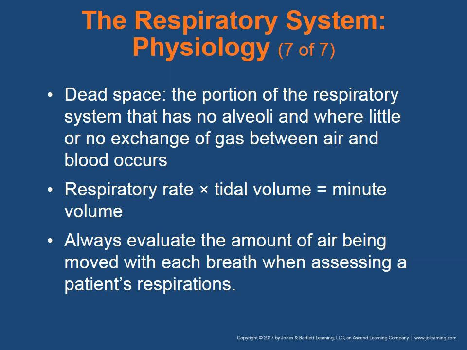Now, this isn't something that we necessarily calculate with every patient, but it's more to conceptualize the effects of increased respiratory rate and decreased tidal volume. So if the normal respiratory rate is 12 to 20, and normal tidal volume with each breath is about 500 milliliters.